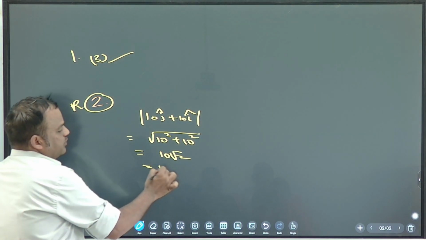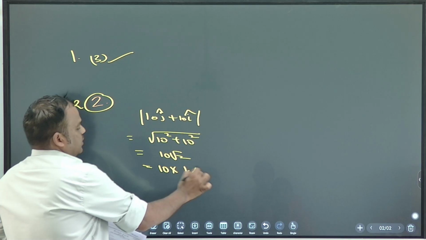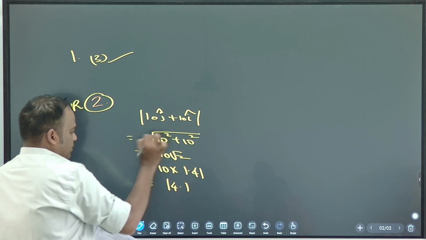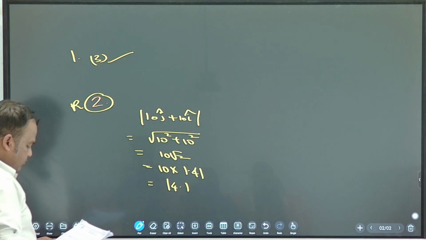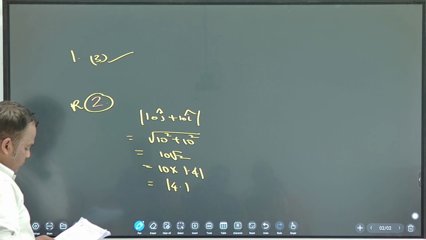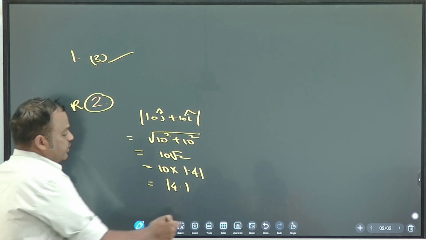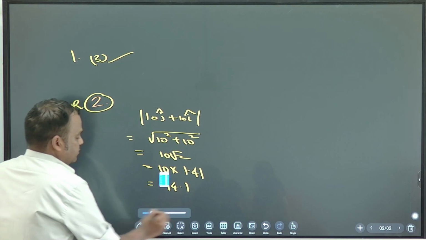What is root 2 value? 1.41. Oh, sorry. 10 and 20. Correct, correct. 10 and 20.